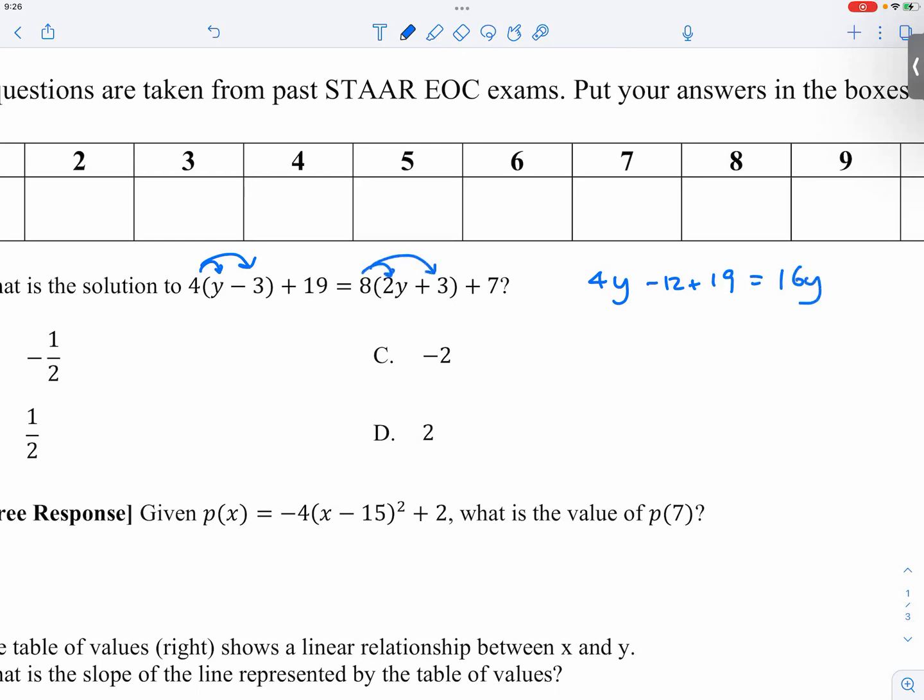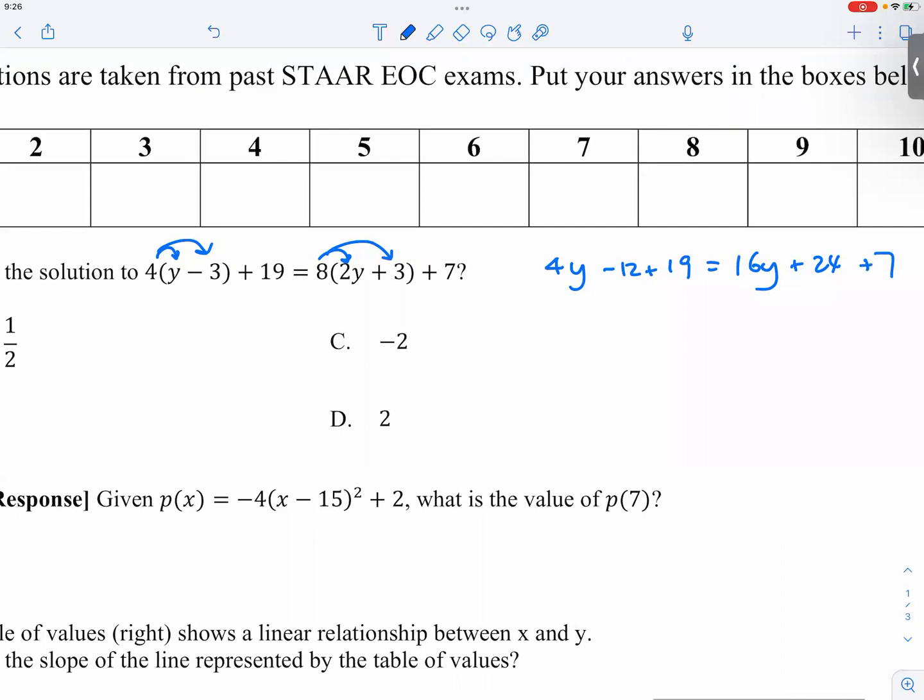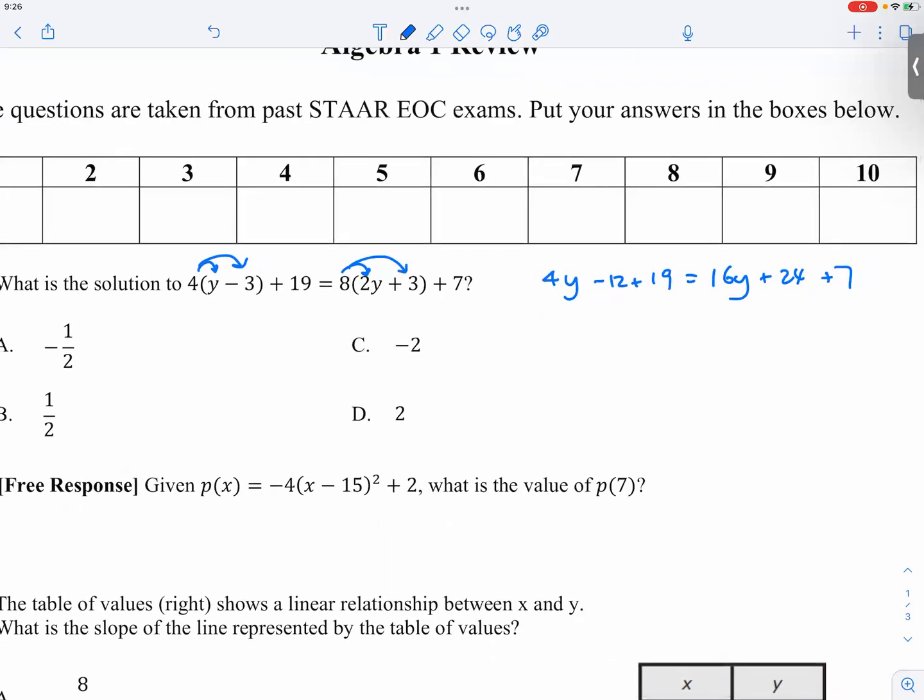Okay, same thing right here. I firmly believe that by the end of this month or next month, you will be perfectly great with all these distributions. Okay, so again, the first mistake tends to be the failure to distribute properly.